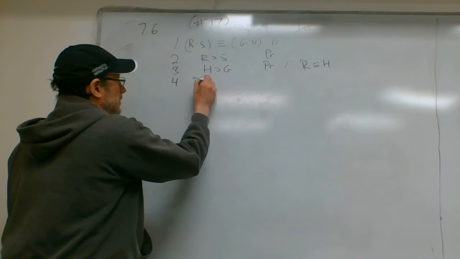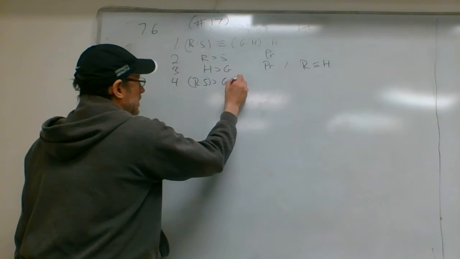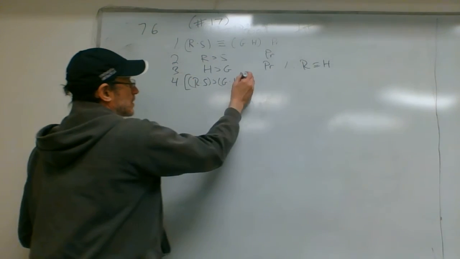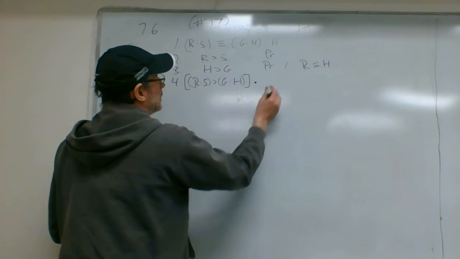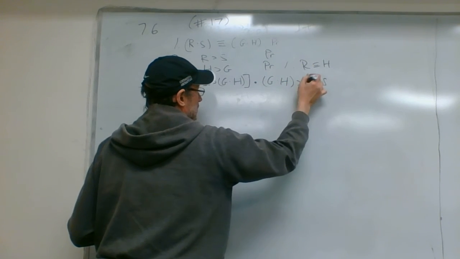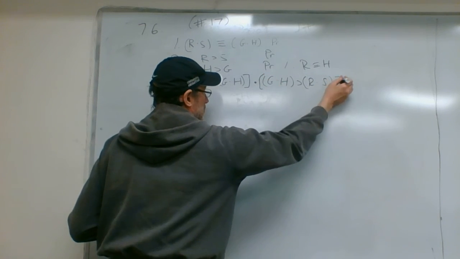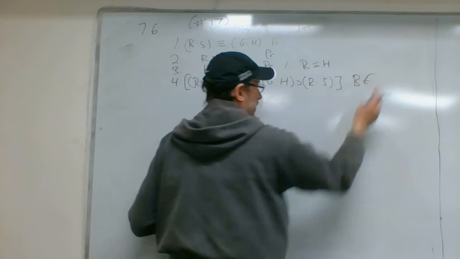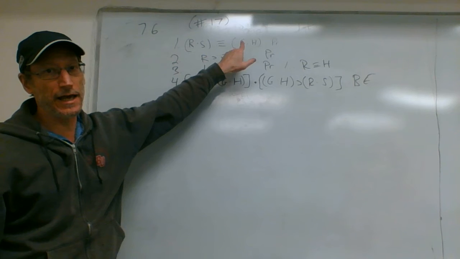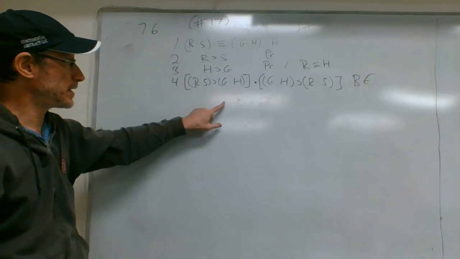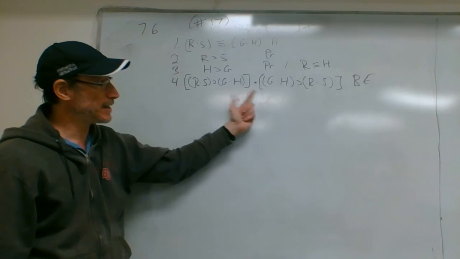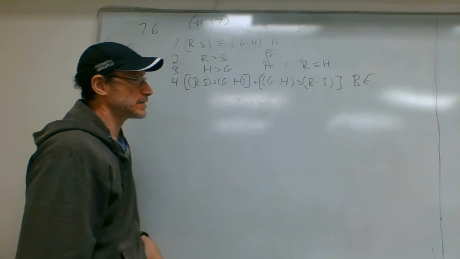We'll do R dot S horseshoe G dot H. This is going one way, and we're going to have G dot H horseshoe R dot S, and this is called biconditional equivalence or biconditional exchange, right? The biconditional means that you have this horseshoe that and that horseshoe this. So we simply have a conjunction of two conditionals going from the left-hand side to the right-hand side and going from the right-hand side to the left-hand side.